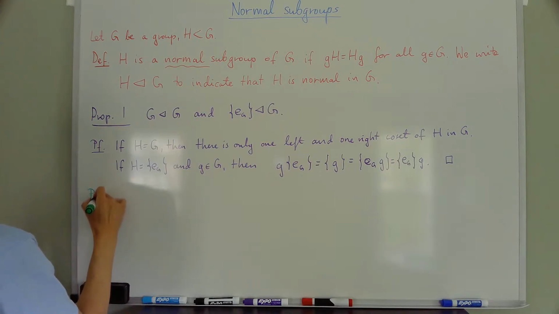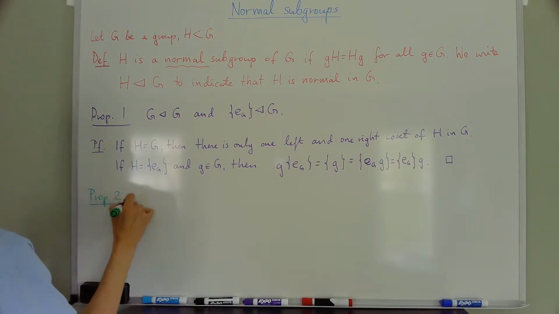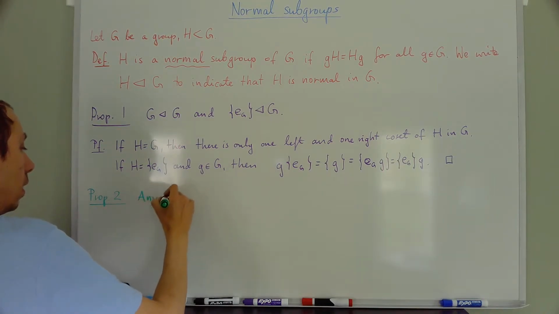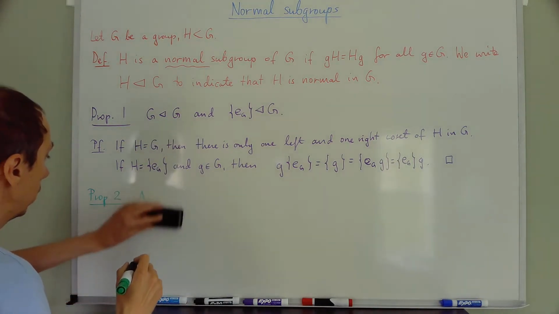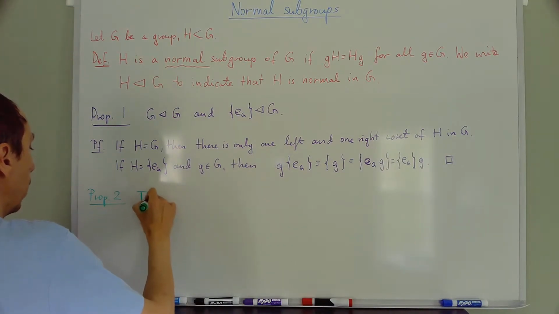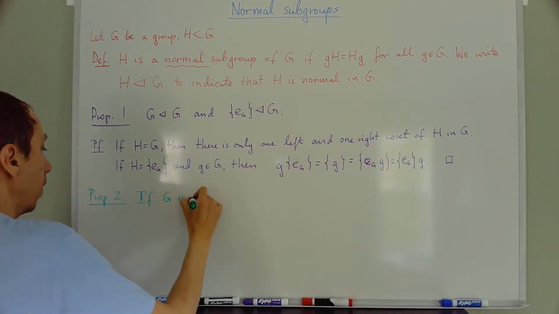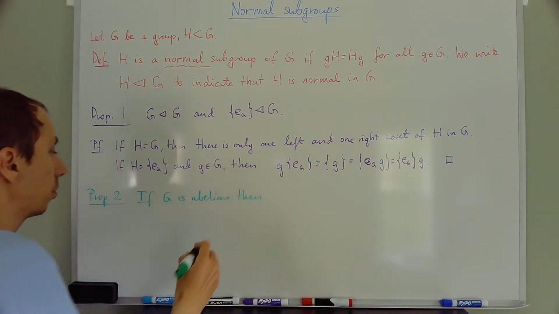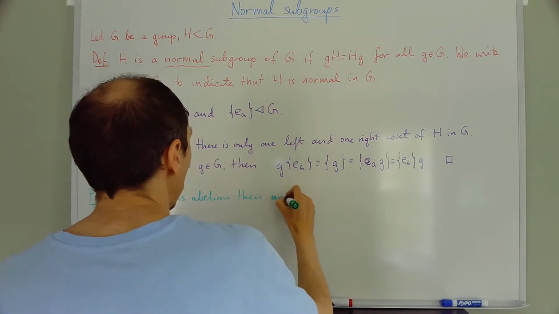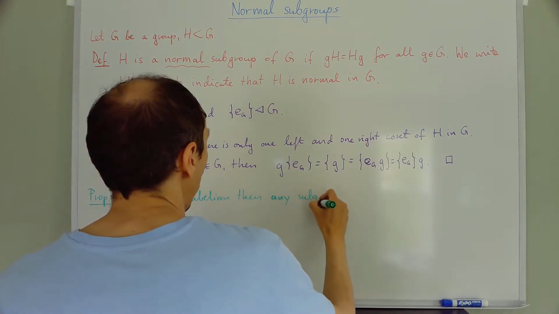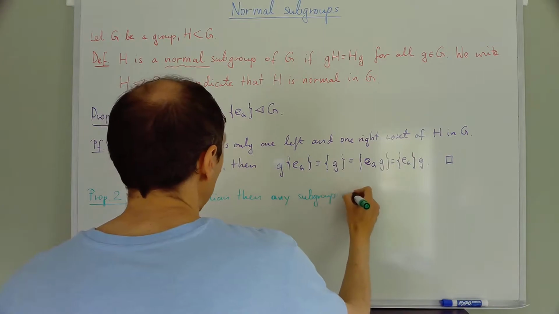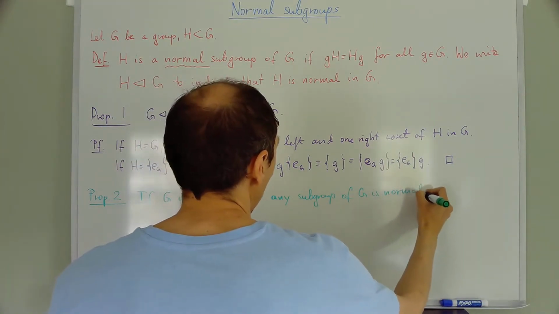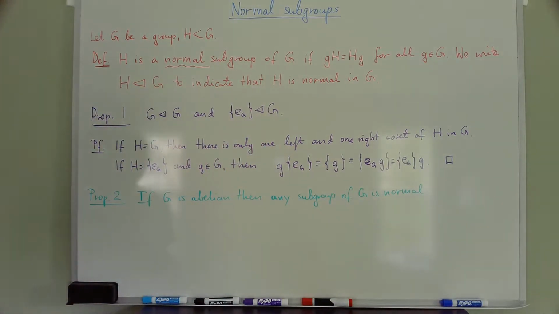Proposition 2: if G is abelian, then any subgroup of G is normal. Okay, so here the proof is also very easy.